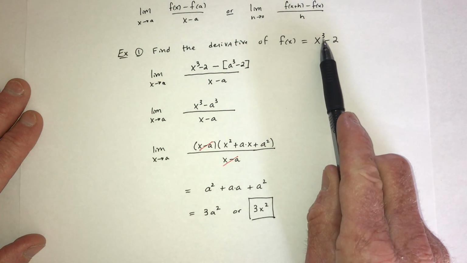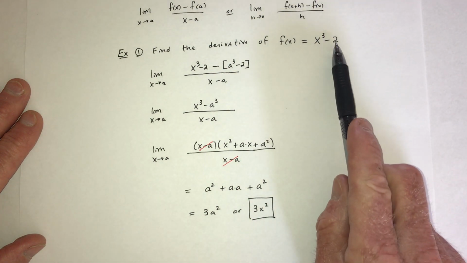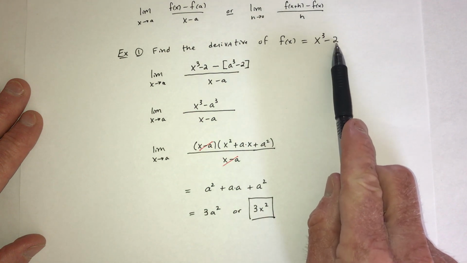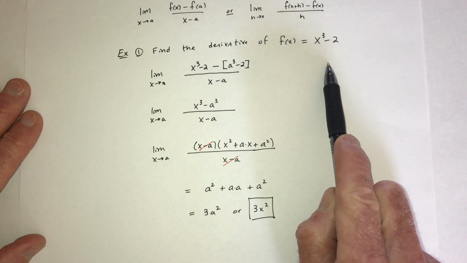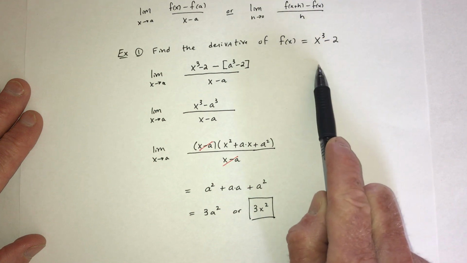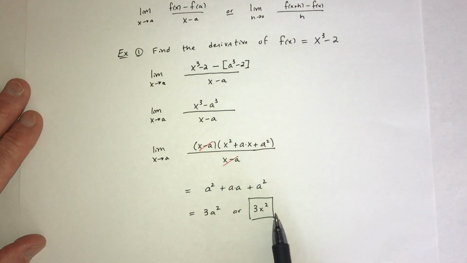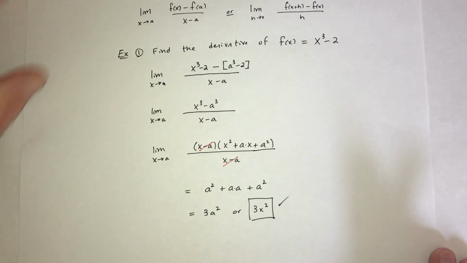Then subtract 1 from the exponent, that's a 2. And because the derivative is telling you the slope, if you were to graph just this part, y equals the negative 2, that is a horizontal line, and the slope of a horizontal line is 0. So the derivative of negative 2 is 0. That means this one is complete.